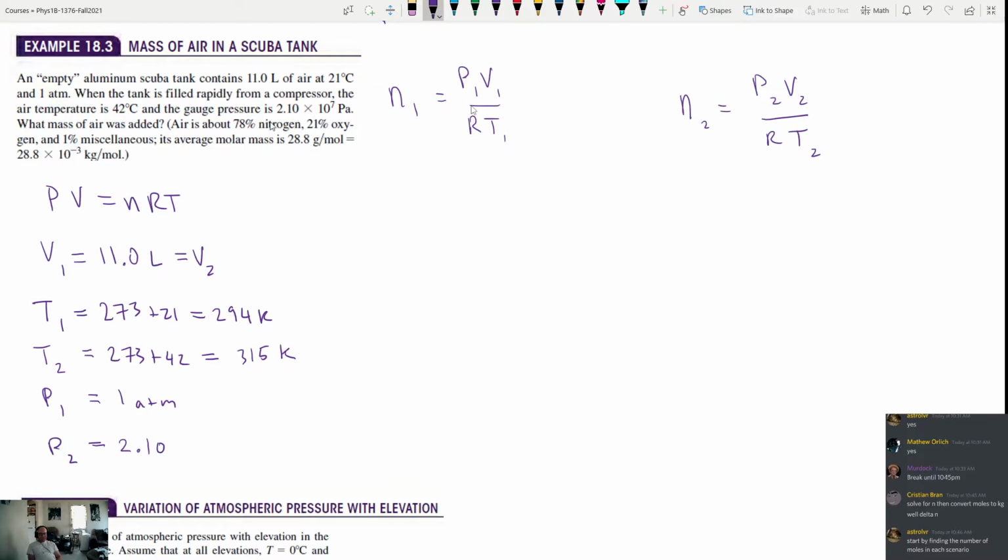If we have the gauge pressure, how do we get the absolute pressure? Yeah, we have to add 1 atmosphere. So 1 atmosphere of pressure would be 1.013 times 10 to the 5th pascals. It's not really going to change this number by very much. It's just going to change that one digit right there, basically, right?